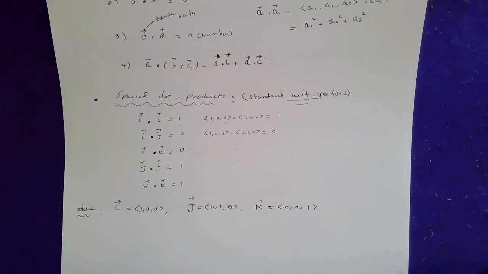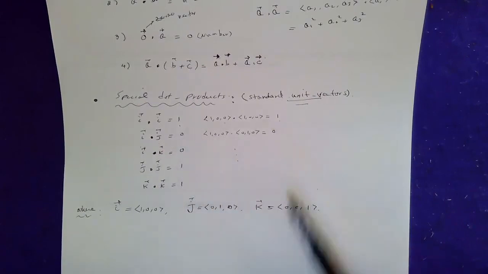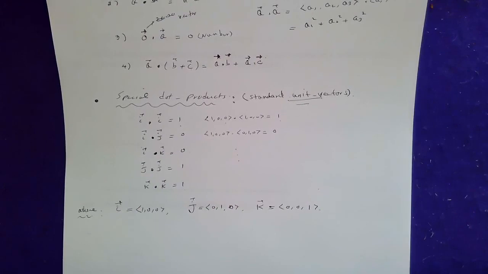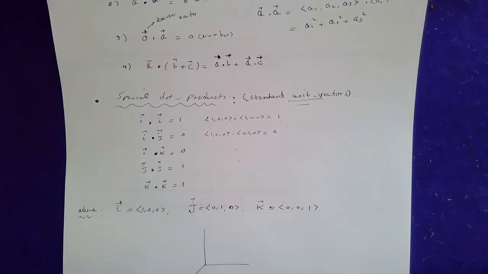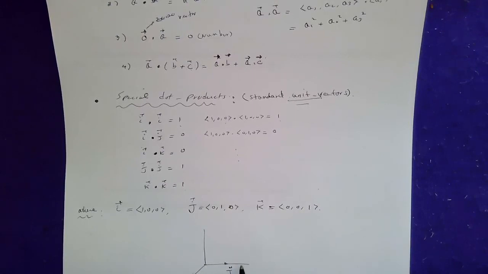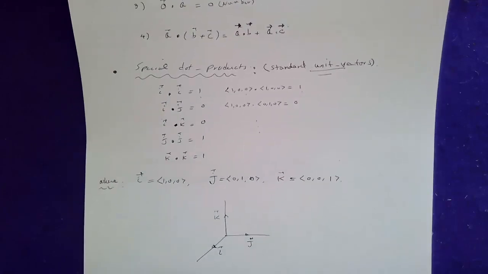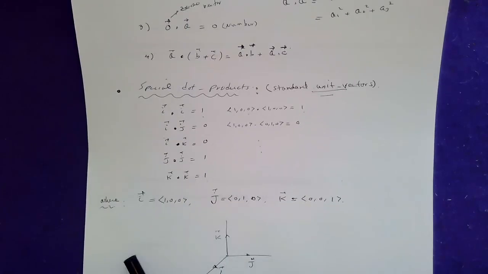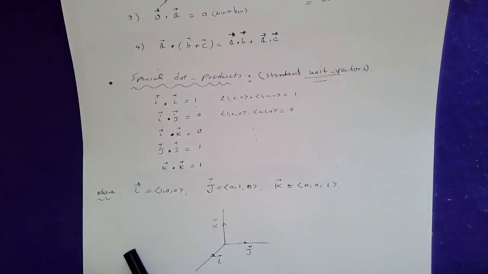So if you take the dot product of I by itself, J by itself, K by itself, you get 1. Any other case, you get 0. Remember, I was a unit vector along the x-axis, J was a unit vector along the y-axis, and K was a unit vector along the z-axis. And that pretty much does it for this section.